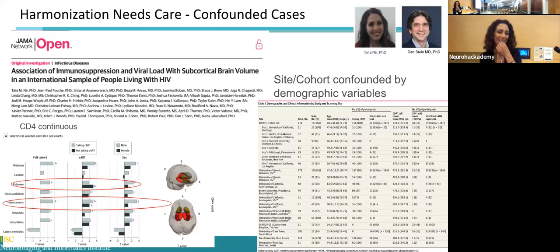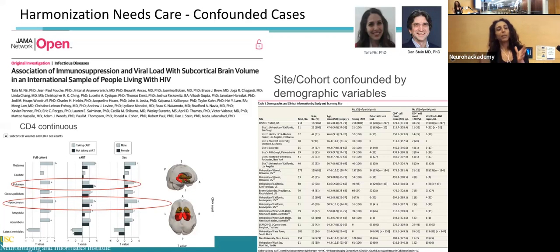For example, we recently published a study of brain alterations in individuals living with HIV, associated with the viral load of the individual, and also immunosuppression or CD4 counts. Nearly 80% of our cohorts are male, so we wanted to look at male and female separately and look at the effects of immunosuppression in females with HIV.